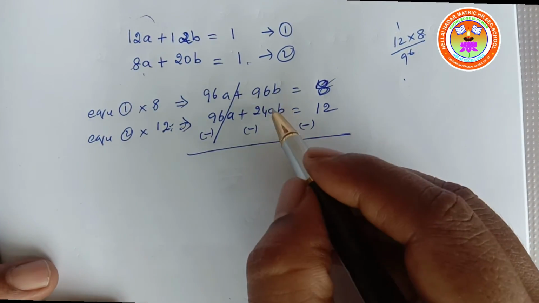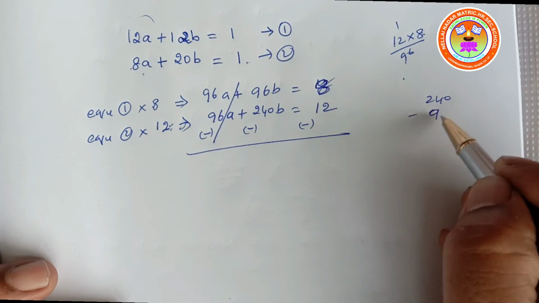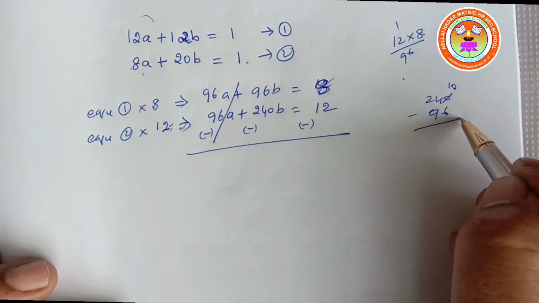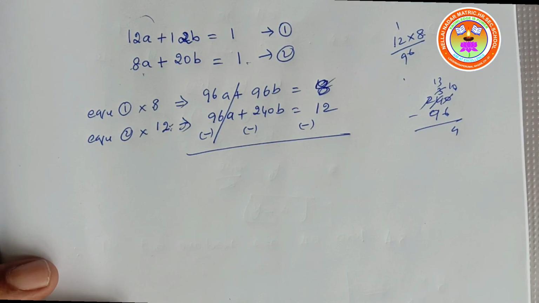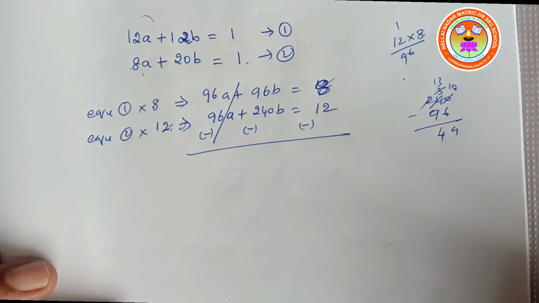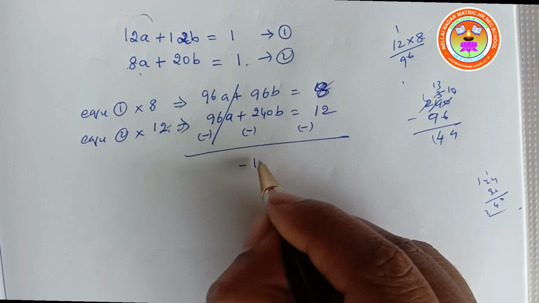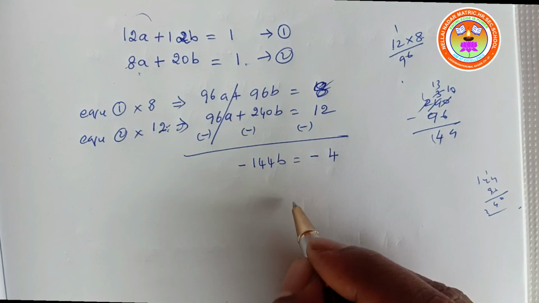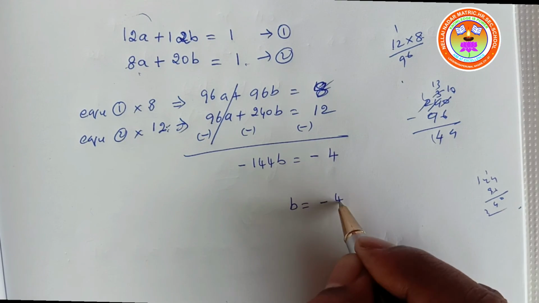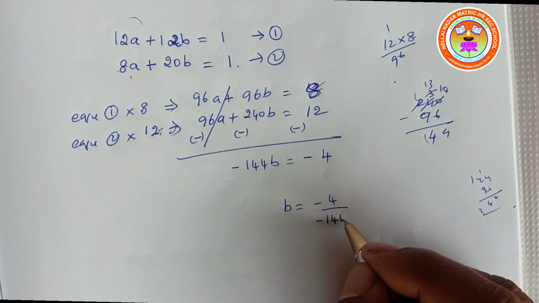Cancel. 240 minus 96 is 144b. So minus 144b equal to minus 4. b equal to minus 4 by minus 144.